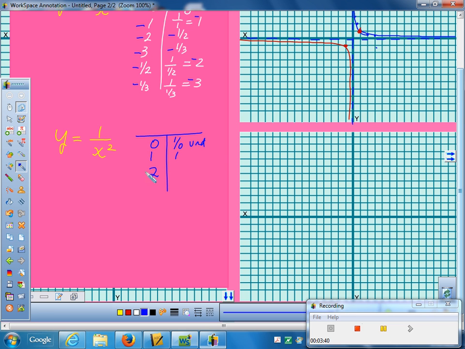If I put 2 in there, you square it, I get a fourth, so the fractions go down a little faster. But when you're talking teeny tiny fractions, that really doesn't impact our hand graphing very much. What changes is what happens if I put negatives in and I'm squaring them. The y-coordinates never change to negative.